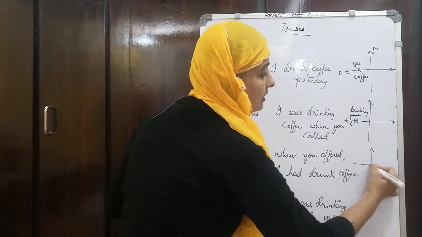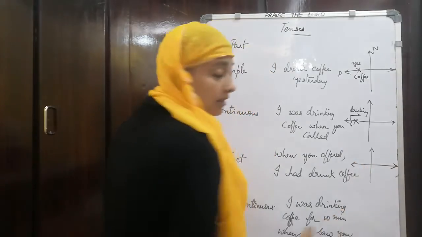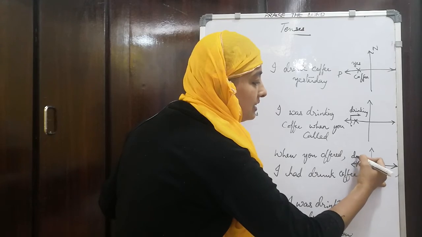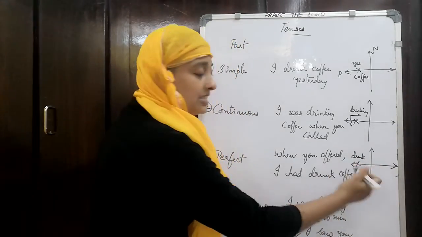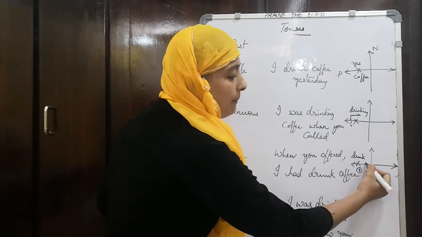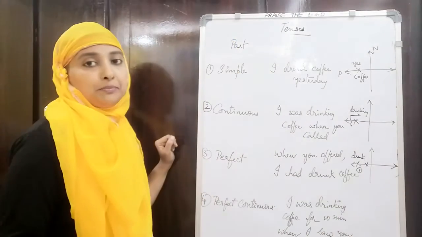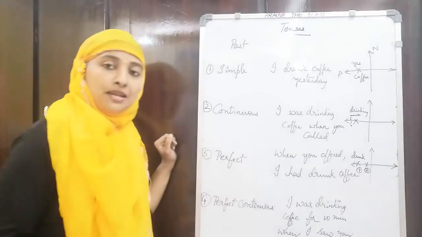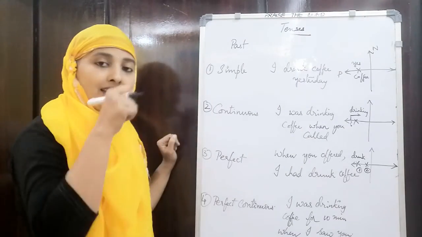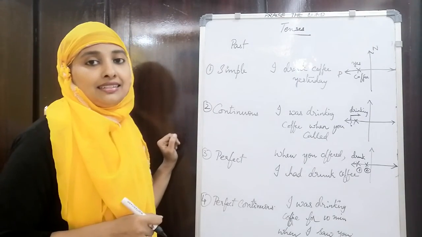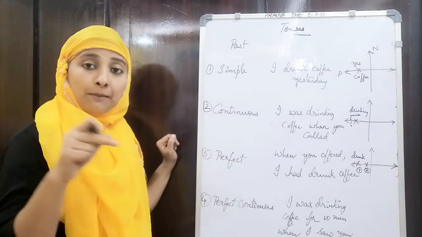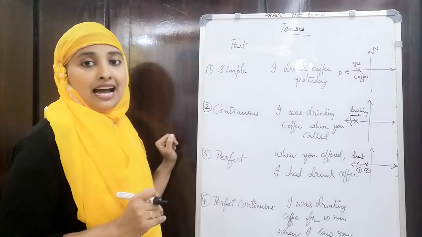Here again, 2 events happen. What happened first? First, I had already drunk. That is the first event. Then what happened? Then you came and offered me. Second event is you came and offered me a coffee. But by that time itself, I already had it. Right? So in past perfect, the first event is completed before the second event occurred.